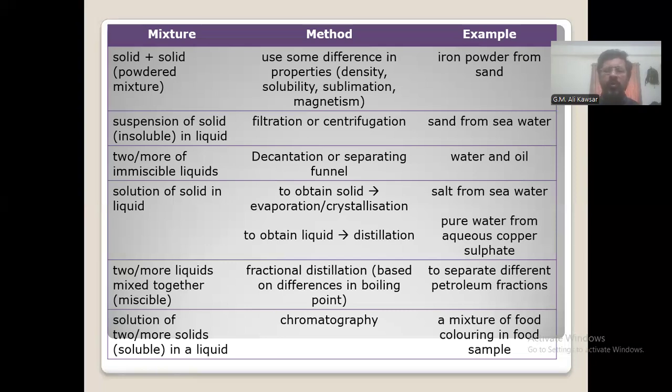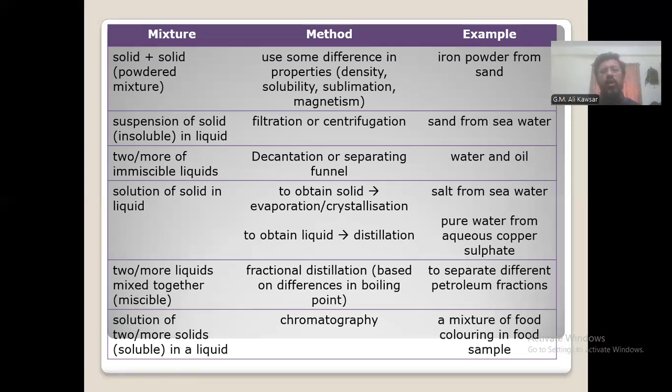Or if it is a solution of sodium chloride and water, how can we separate the water part, the liquid part? First we evaporate it, and then we condense it, and by this process the liquid part will be separated, which is called distillation. Later on I will explain it to students. You will understand all these processes when I show the pictures. I will give a picturized explanation of all these processes.